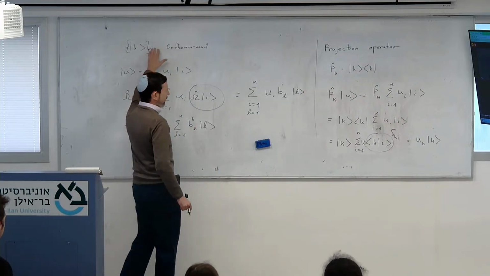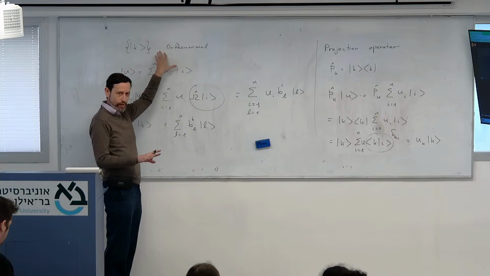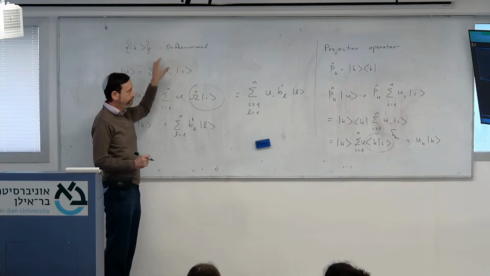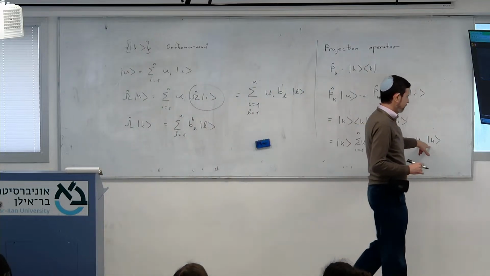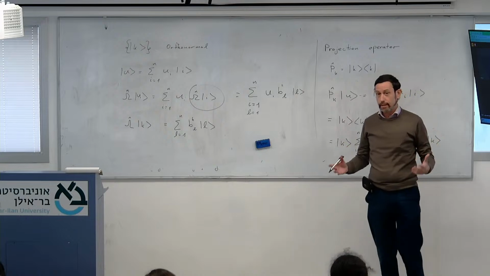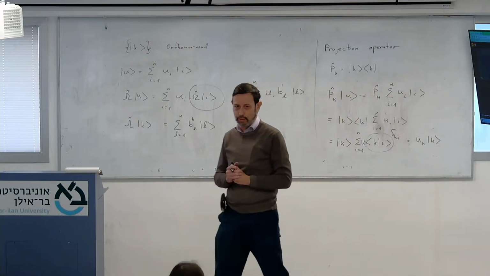K and I are the same basis, I'm just using two indices to describe them. It's the same. Okay, so it's just the K component of the vector U.